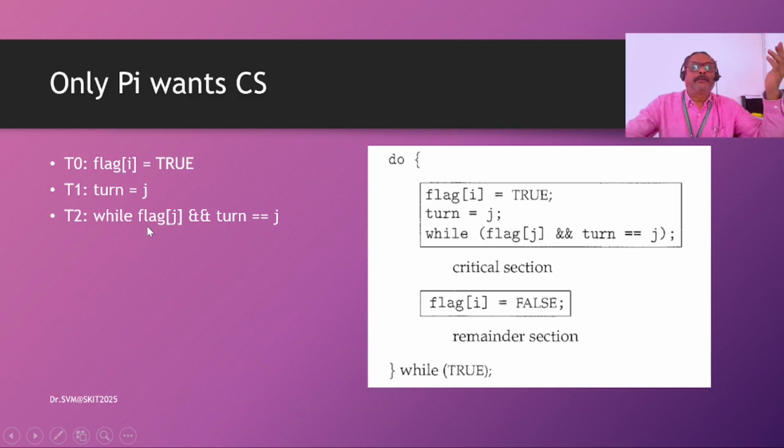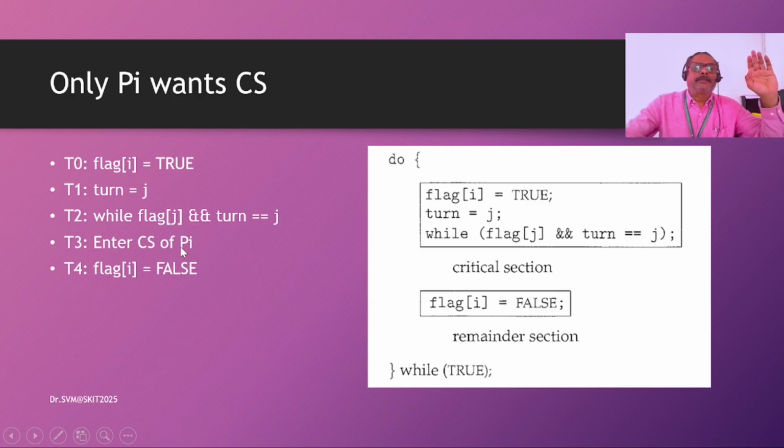Therefore the flag of J is not raised, so it is false. Though turn is equal to J, the second part is true, but the first part is false. Therefore this AND operation is false, so this while loop breaks, and therefore the Pi enters the critical section.